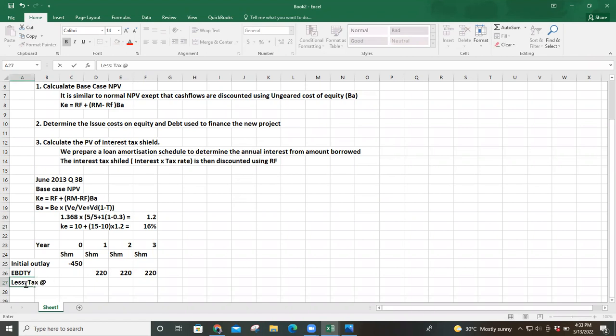The tax rate was 30%. So 30% of 220, that is 66. So we less the 66.